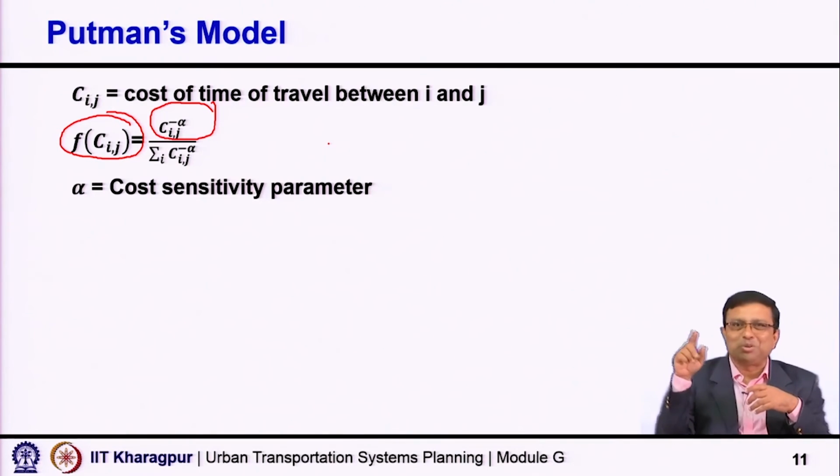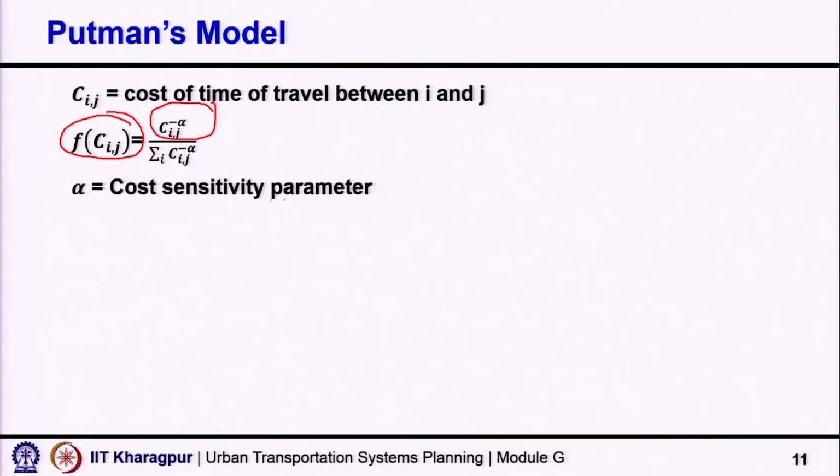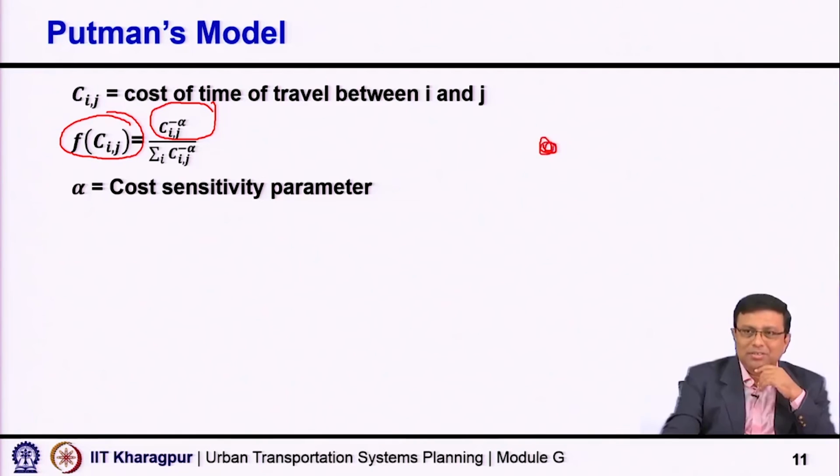So, Cij to the power minus alpha, divided by the sum over all i. Different i's are competing now, every i is competing to get a fraction of this Ej. i is 1, i is 2, i is 3.